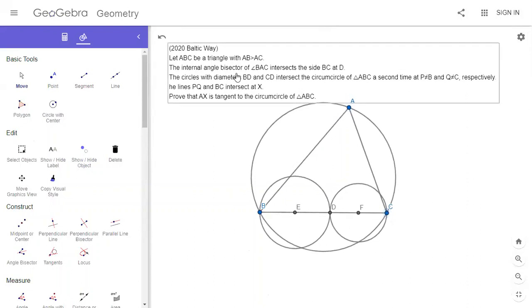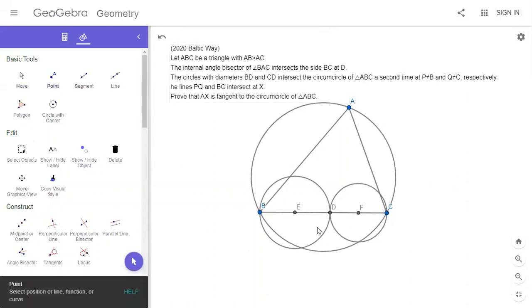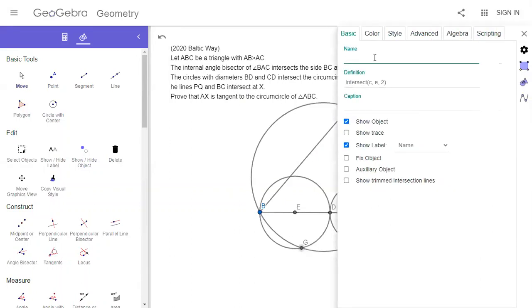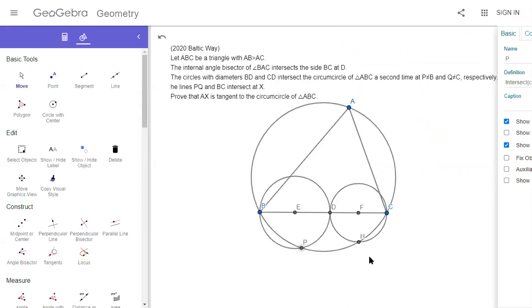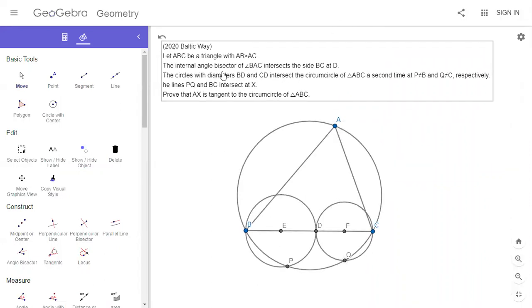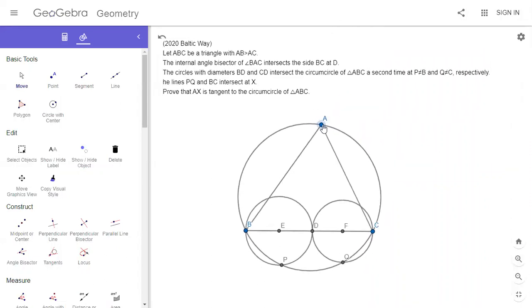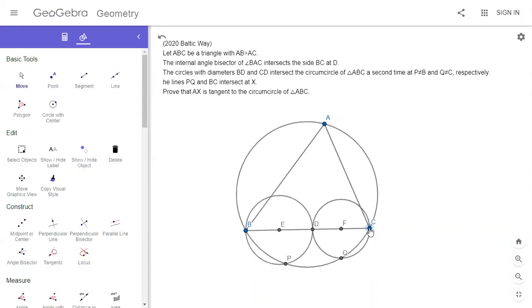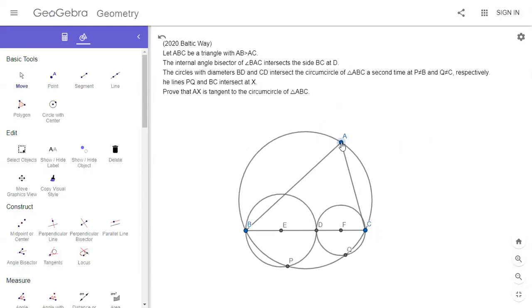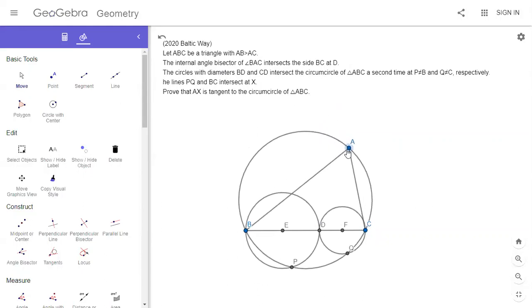And then P and Q. And then we want the intersection of PQ with DC. Let's see how it goes. I don't want them to intersect really, really far away. Maybe that works.